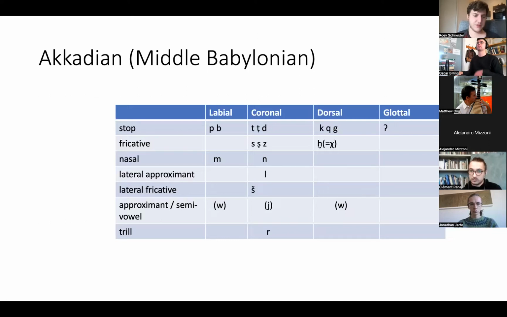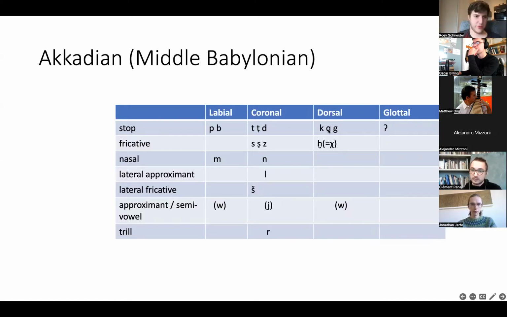So if you look at transcriptions of Semitic languages, some of these signs are very, very common, like the H with the little hook on the bottom, that's the uvular fricative. And that's pretty much what we reconstruct for Akkadian based on modern South Arabian and Arabic.